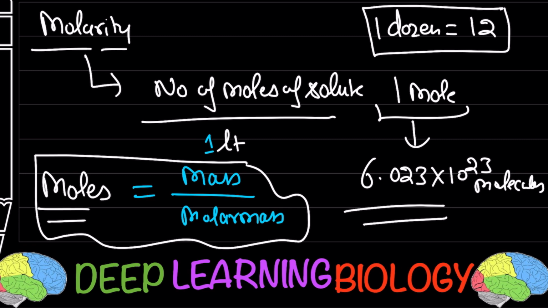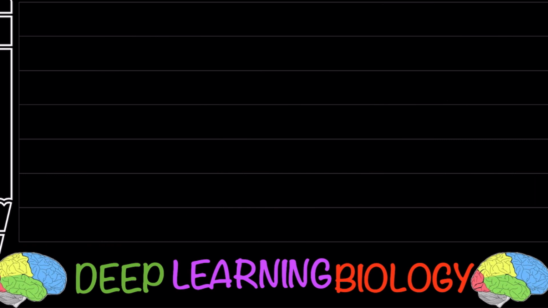Let's suppose you have prepared 1 molar solution, meaning you have dissolved 1 mole of the solute in 1 liter. Very simple. If you have 1 molar solution, it means you have dissolved the solute and the final volume is 1 liter.